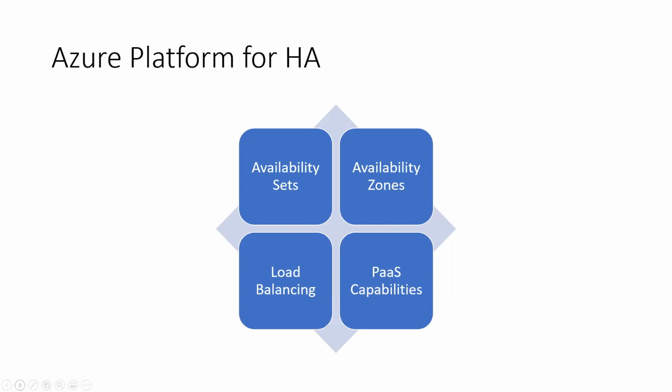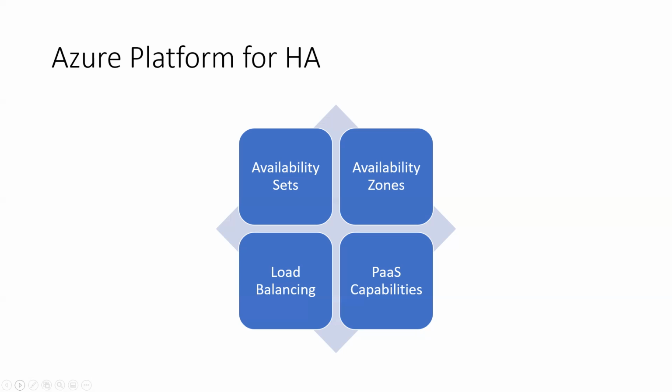But if the entire data center goes down, an AV set couldn't help us. In that scenario, we need availability zones. And both these features can promise SLA when we are running more than one virtual machine in different AV zones or in different update or fault domains.